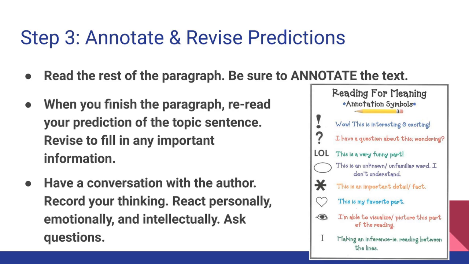If you do this for every paragraph, by the end of the article or the text, you will have a complete outline of the text. You've also practiced predicting for every single paragraph and revising and fixing those predictions, which is teaching your brain how to predict accurately in the future.